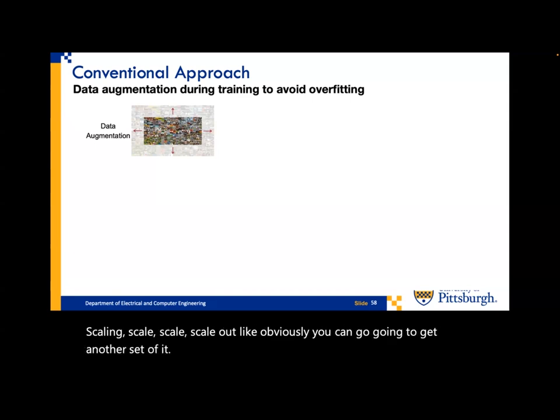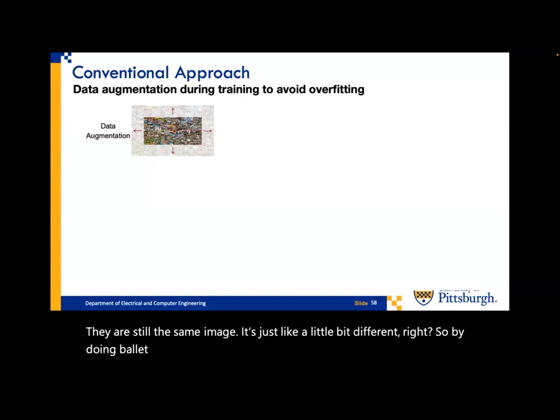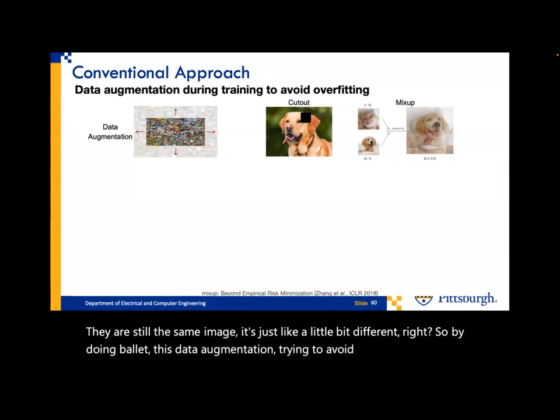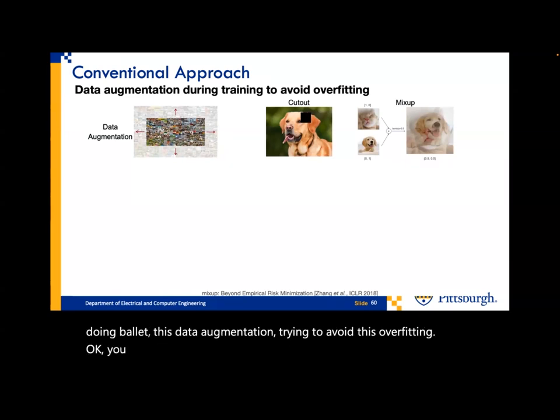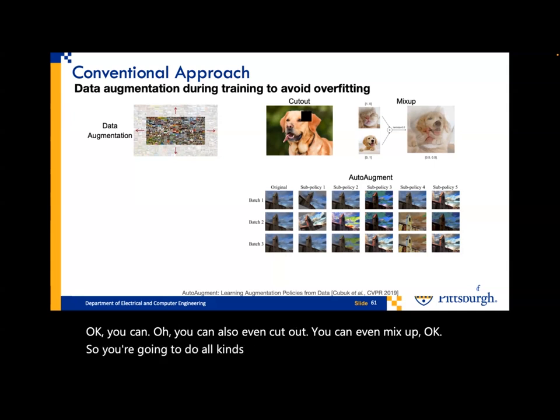They are still the same image, just a little bit different. By doing this data augmentation, we try to avoid overfitting. You can also do cutout, you can even do mixup. You can do all kinds of different augmentations.